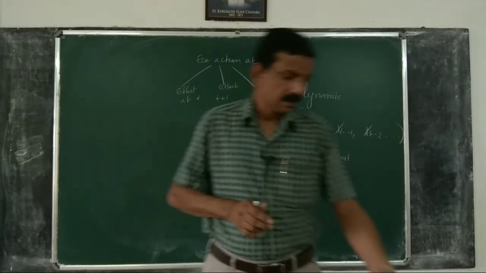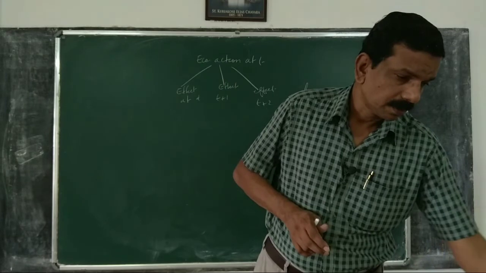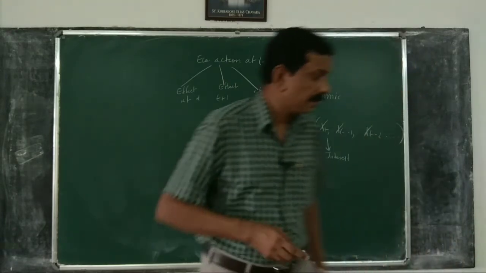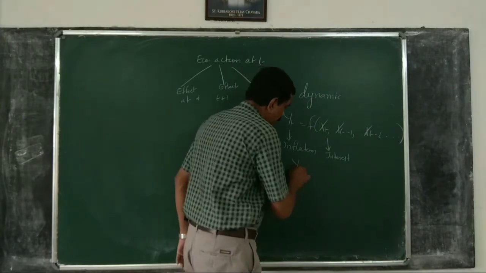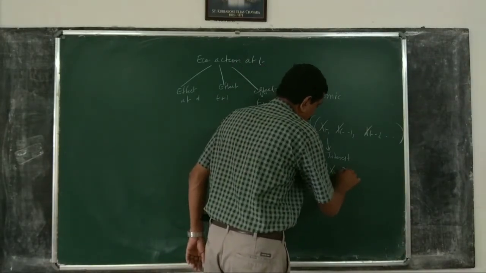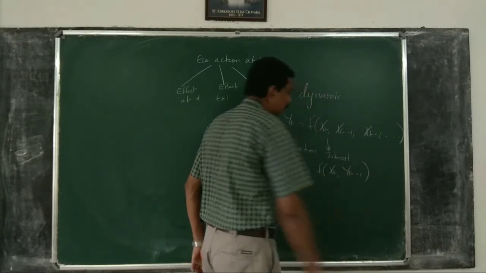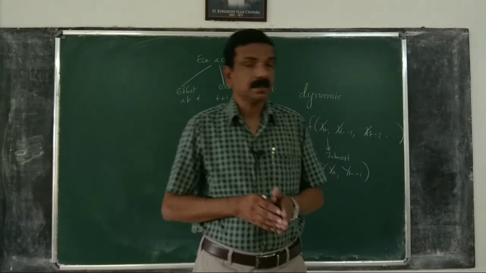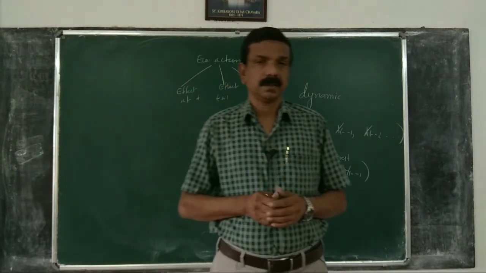The second way of specifying the dynamic nature of relationship is we specify yt as a function of xt and also yt minus 1.